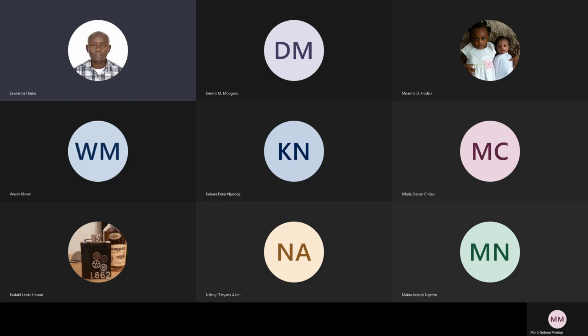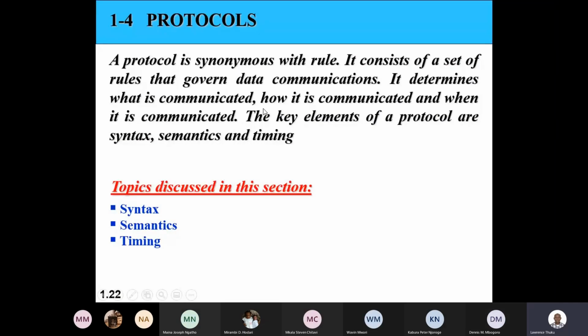So also in the point of the internet, of course you're talking about the protocols, okay? And of course the protocol is synonymous with the rules. When it comes to the internet, you need to look at those rules, how they are normally formed, in terms of how the communication takes place using these different kinds of protocols.